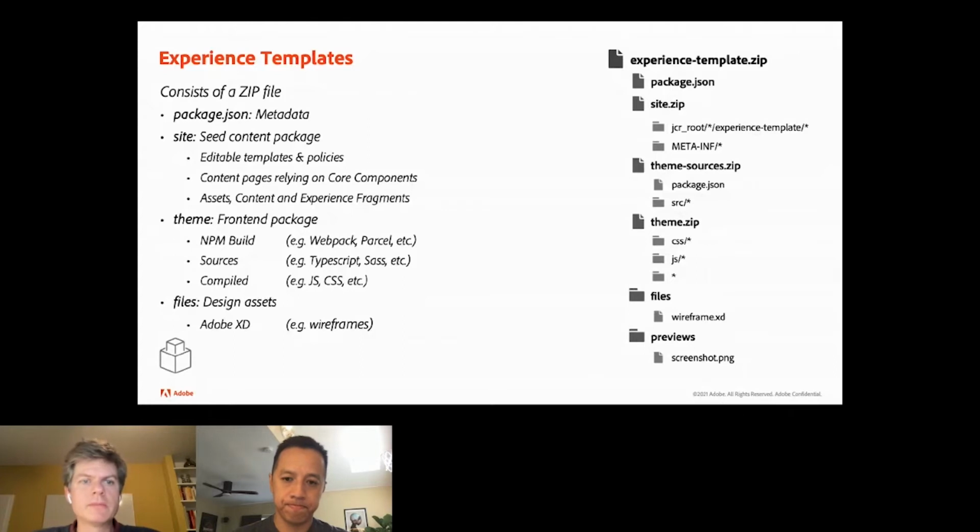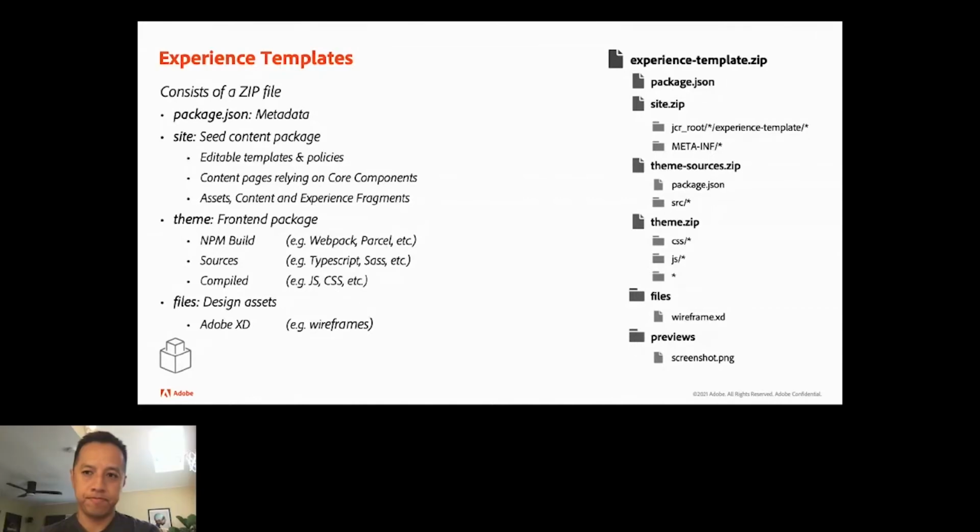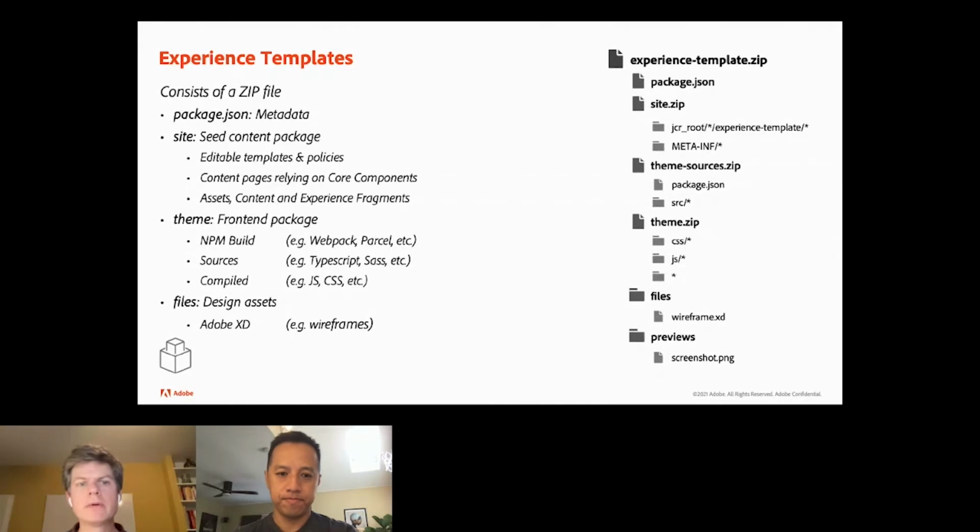And this theme comes in two parts. There are the sources of this theme that are also part of the experience template, so if you want to later modify that, you can. And there is also the compiled theme, because the site needs to immediately be able to use the compiled CSS and JavaScript of this theme to look like something. So the theme comes in these two variations. And then there are a number of files that can also be attached to the experience template, like wireframe design files that allow a designer to easily customize these site templates.